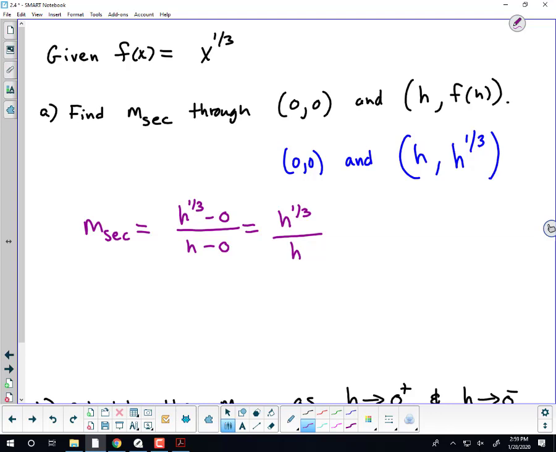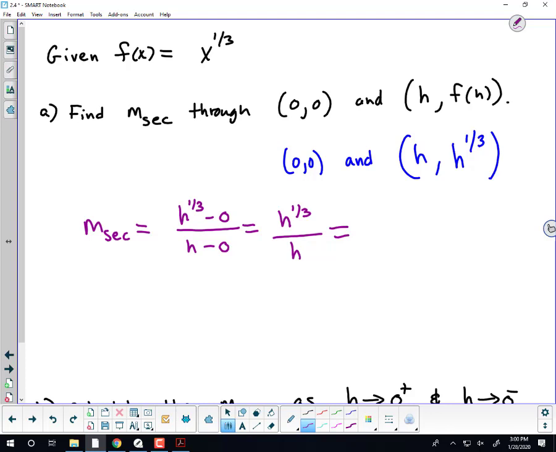And then we'll simplify that a bit further. H to the 1/3 over h is really what? Cube root of h. Yeah, so the top is the cube root of h. What is the cube root of h over h equal to? The square root of h? No, not the square root.